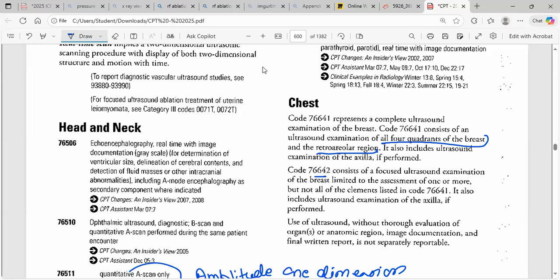So the four quadrants are the upper outer quadrant, upper inner quadrant, lower outer quadrant, and lower inner quadrant, as well as the retroareolar region. Then only we are going to consider it as complete, else we are going to consider it as limited only.